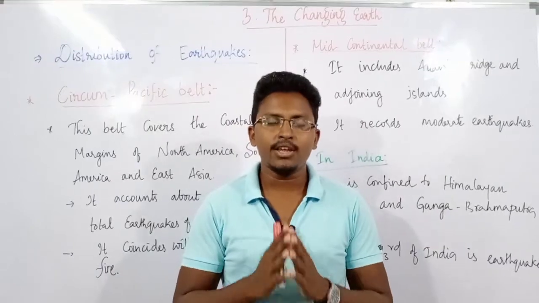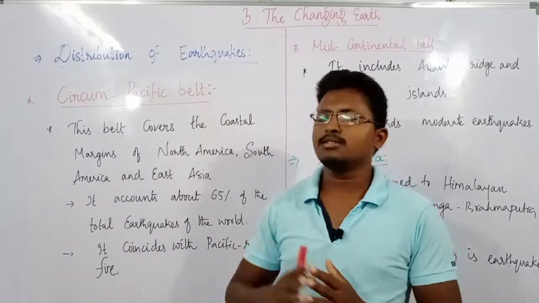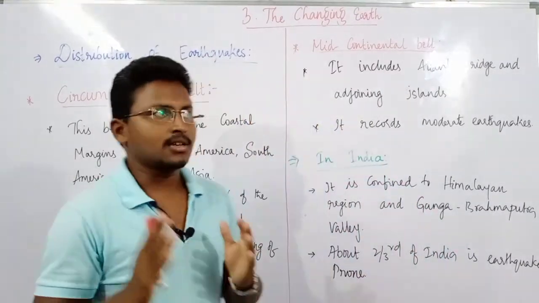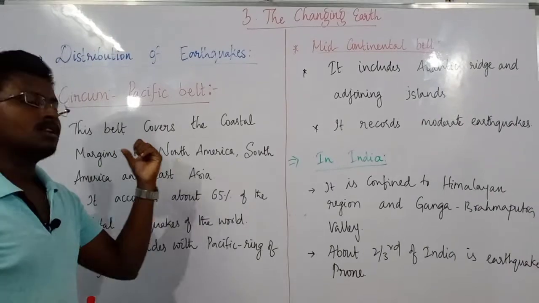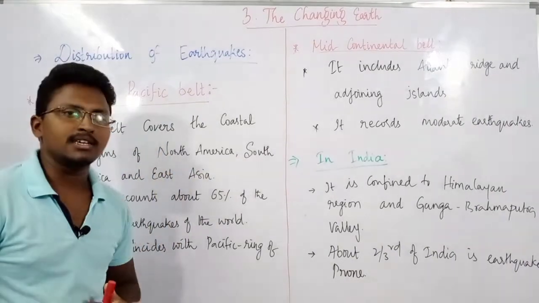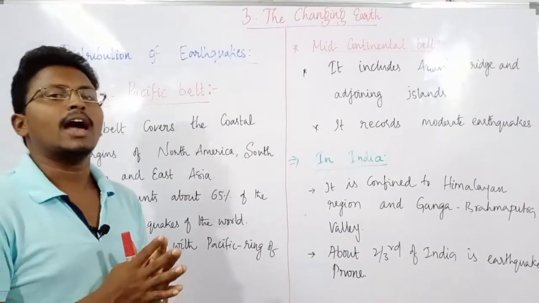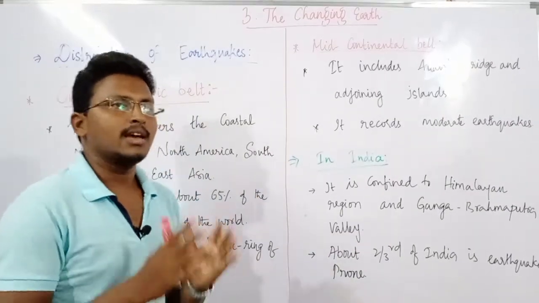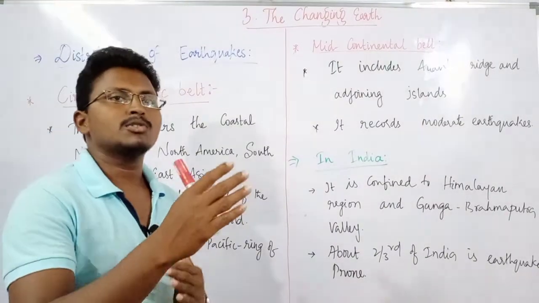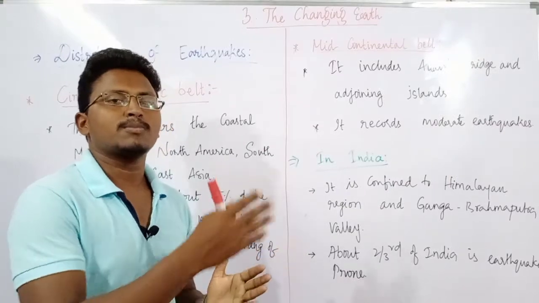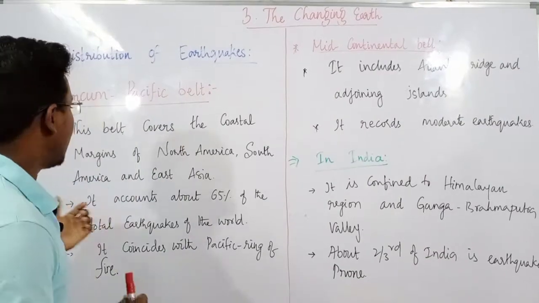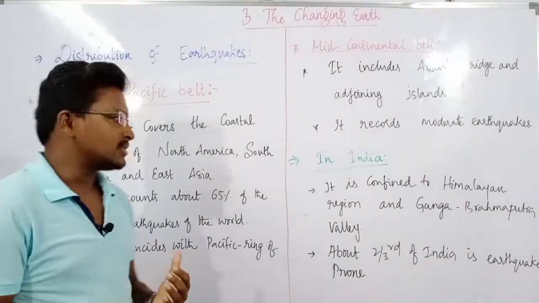So the first and very important belt of earthquakes is what we call the Circum-Pacific Belt, which covers the coastal regions of North America, South America as well as East Asia. These are the areas which are highly prone to earthquakes, and this belt is known as the Circum-Pacific Belt because almost all the margins of the Pacific Ocean are highly prone to earthquakes.